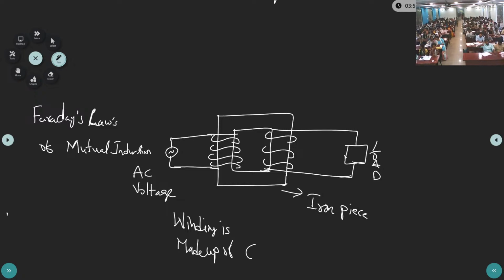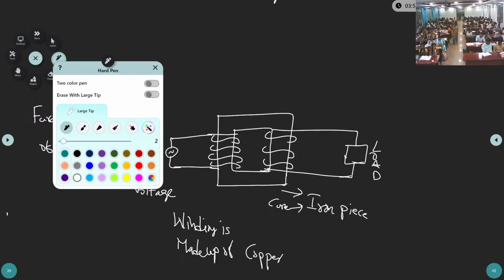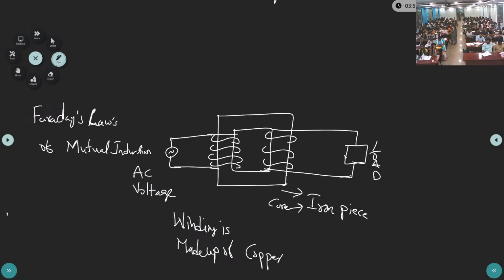The core is made up of iron. It is an iron core.